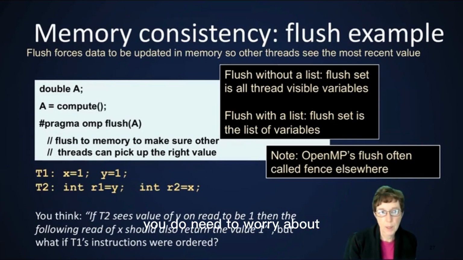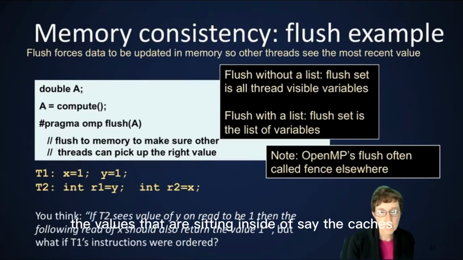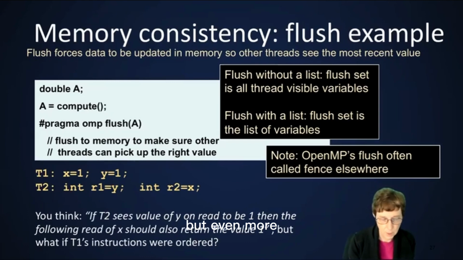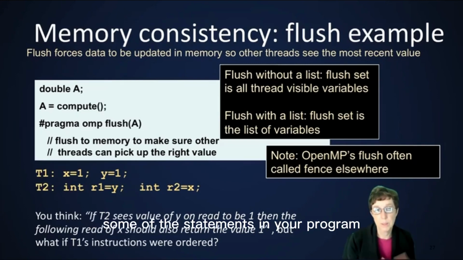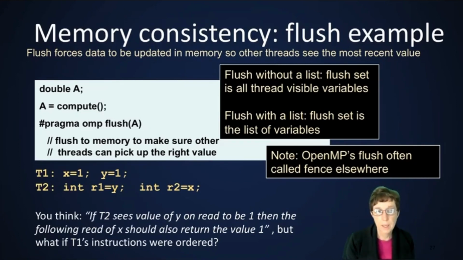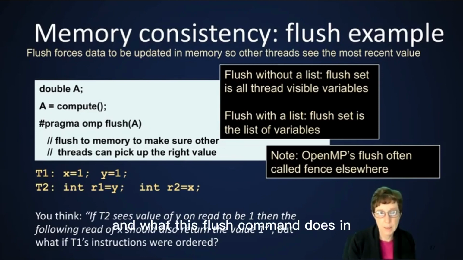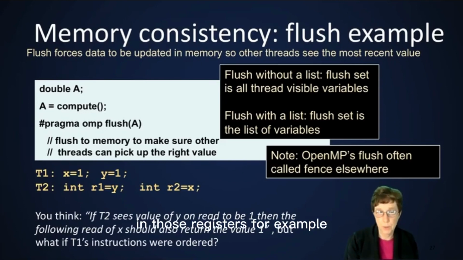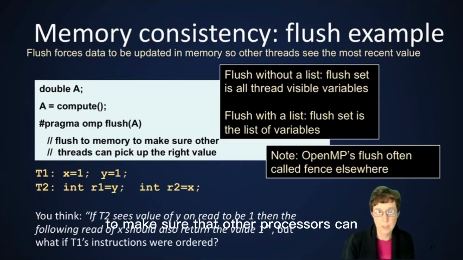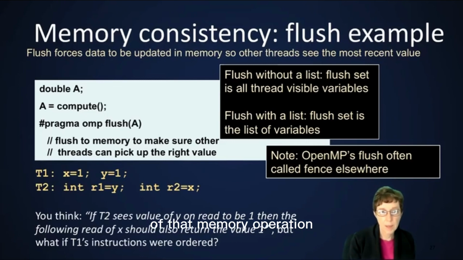You do need to worry about, in some cases, the values that are sitting inside of, say, the caches, but even more obviously, we know that the compiler, when you turn on optimizations like -O3, is going to reorder some of the statements in your program. And what this flush command does in OpenMP is tell us that the values that are sitting in those registers, for example, need to be flushed back to memory to make sure that other processors can see a consistent version of that memory operation.